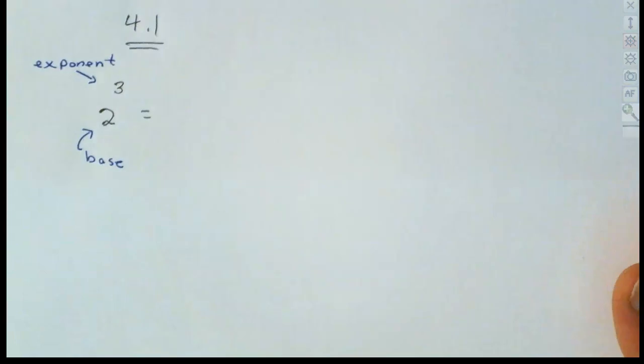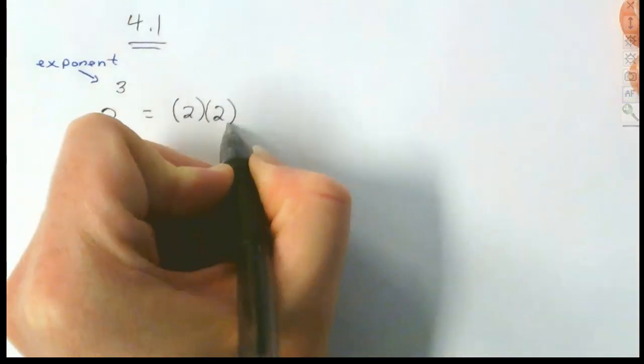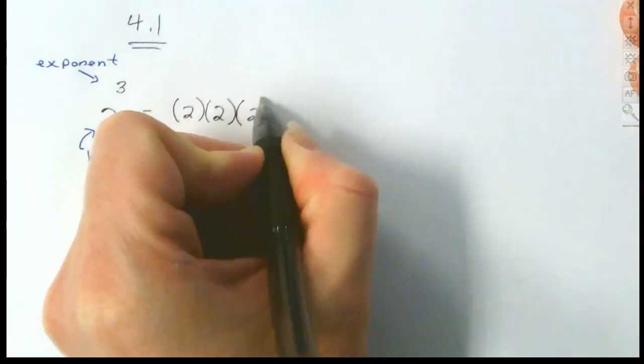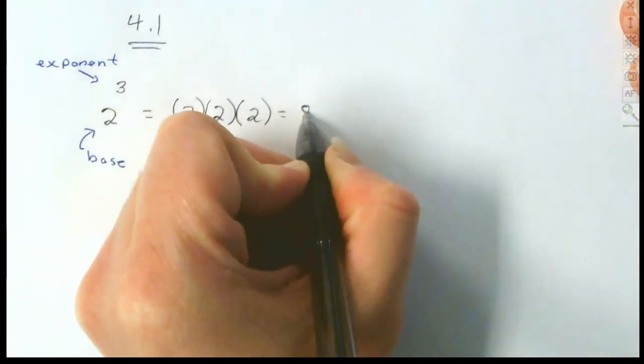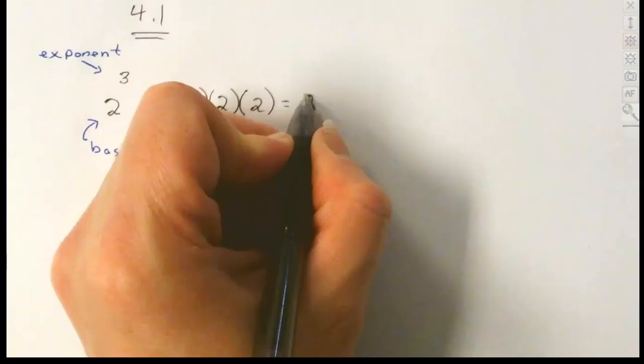And what would 2 cubed be? Well, 2 to the third power means you've got 2 times 2 times 2, which is 8, right?